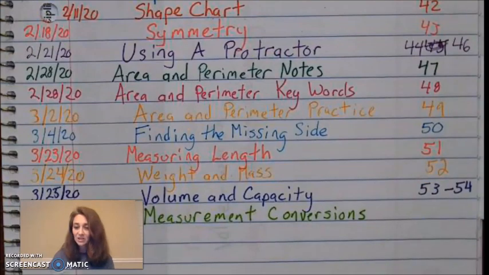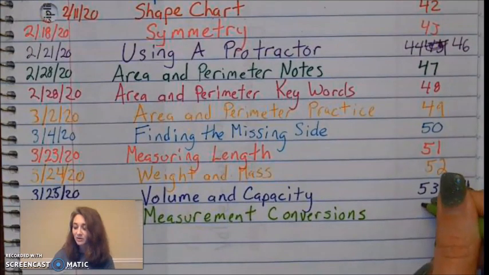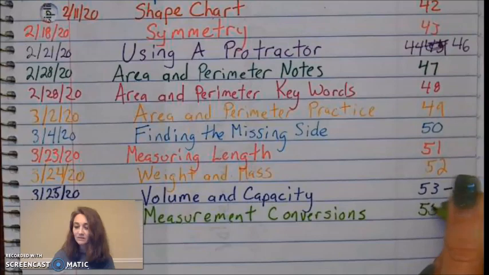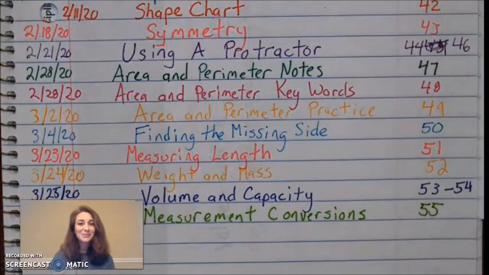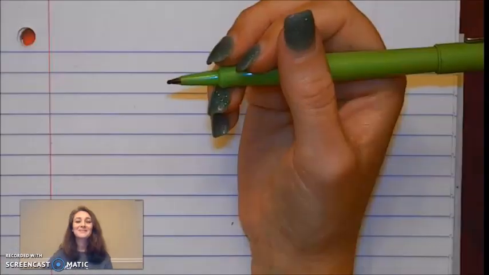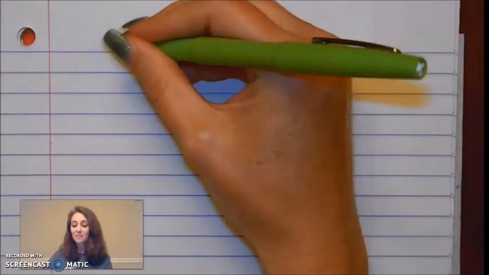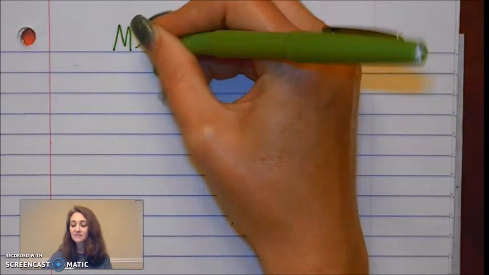And then whatever page you have next is what you're going to put here. Mine's 55, and since we're not together, you can go ahead and yell out what page you're on. So when we're on our page, we're going to go ahead and put our title, Measurement Conversions.